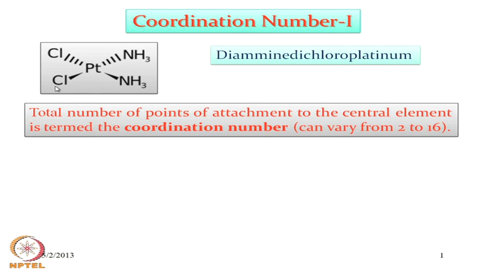So, we have these 2 chloro and 2 amine, and this particular molecule is in cis form. That means 2 of the chlorine atoms are in the 90-degree position, they are not 180-degree apart. So, it is cis diamine dichloroplatinum, and as the definition tells us, the total number of points of attachment of this platinum center is equal to 4. So, the corresponding coordination number of this platinum center is 4.